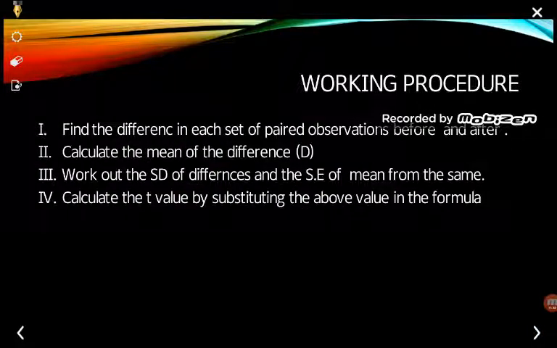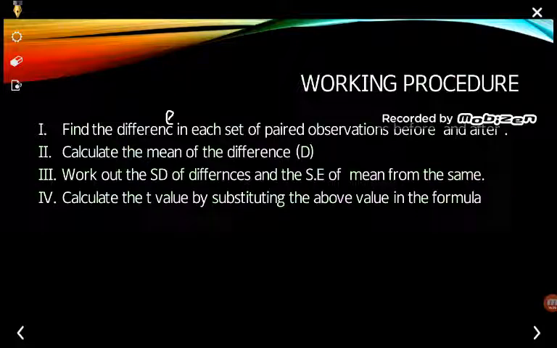Now coming to the working procedure. The first step is to find the difference in each set of paired observations before and after.